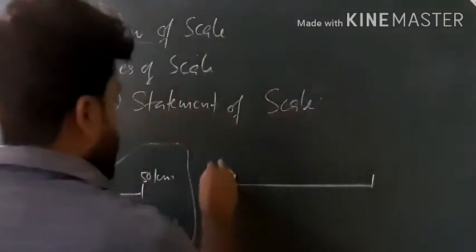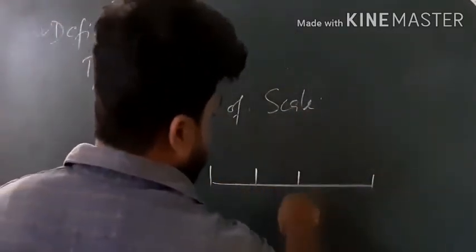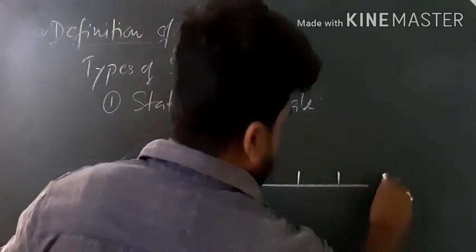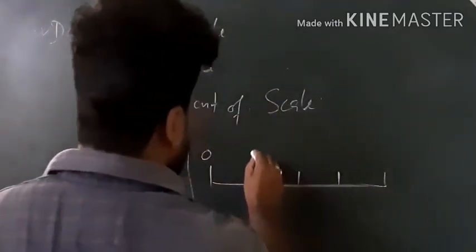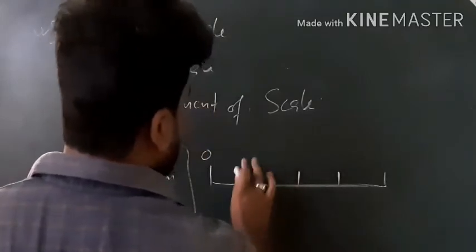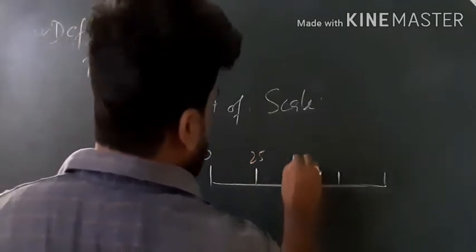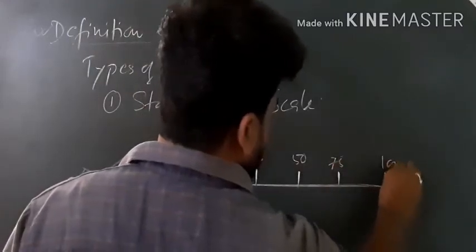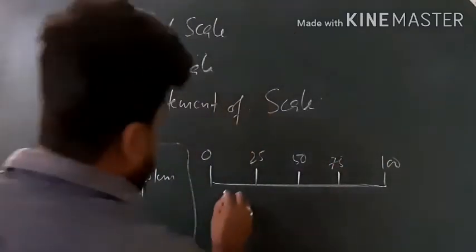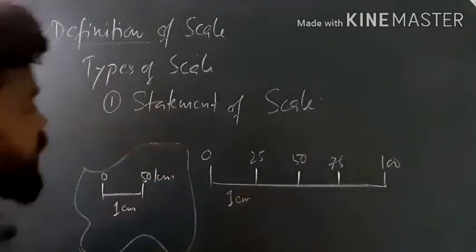This is the scale, and we are just dividing it into different parts. Suppose this is 0, and here 10 kilometer. Take it 25, 50, 75, and this is 100. So that means what? Here, what is the distance? 1 centimeter is the distance.